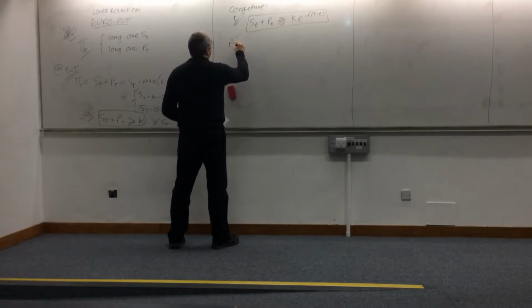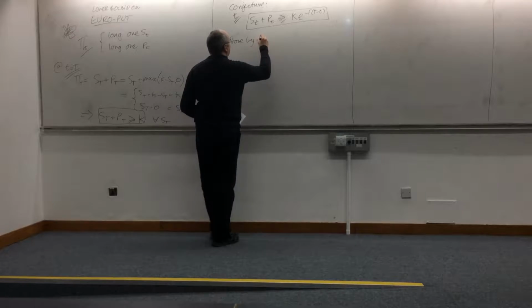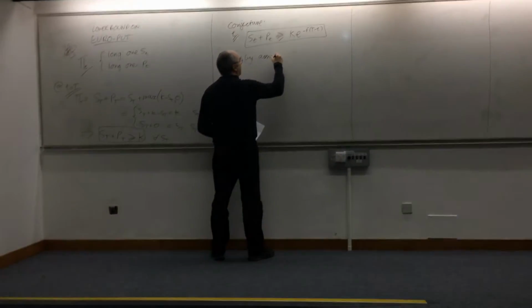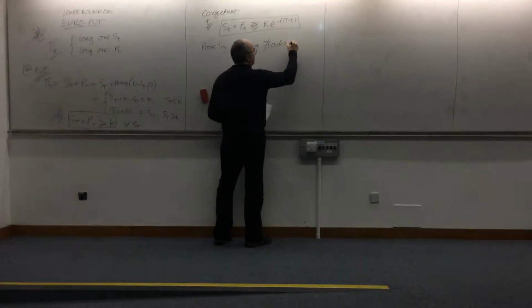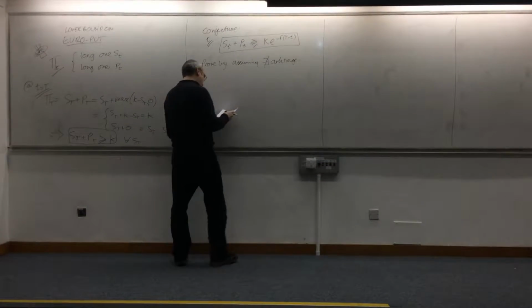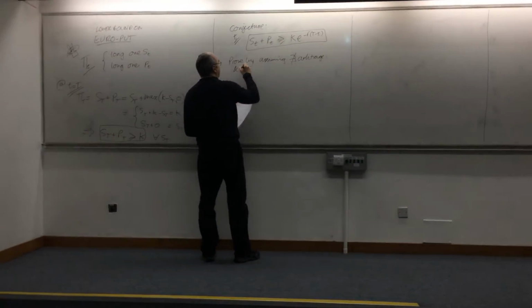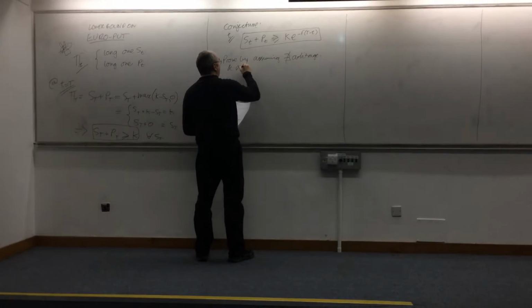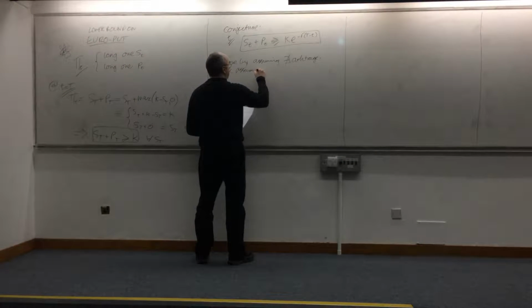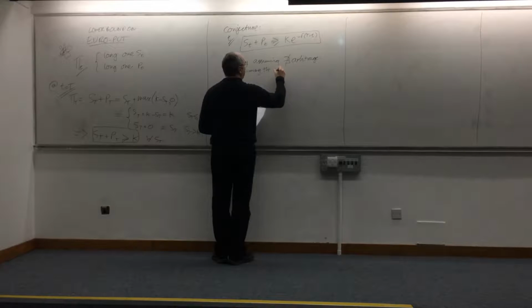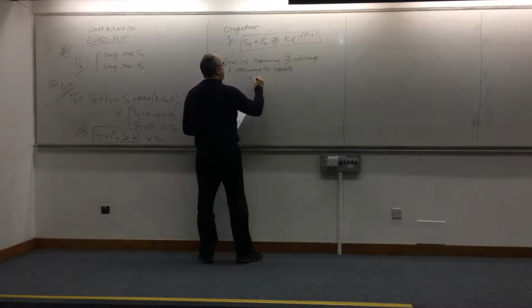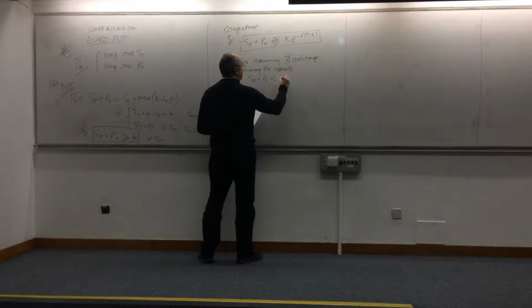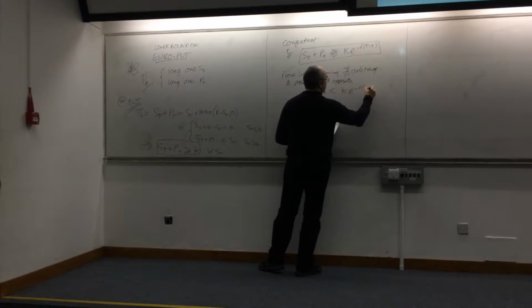So again, we're going to prove by assuming there does not exist arbitrage, and assuming the opposite, that S_t plus P_t is less than K e to the minus r(T minus t).